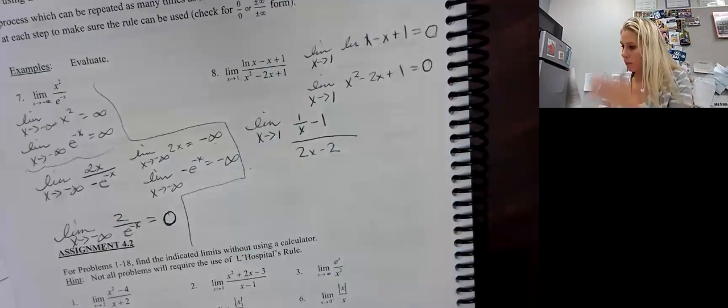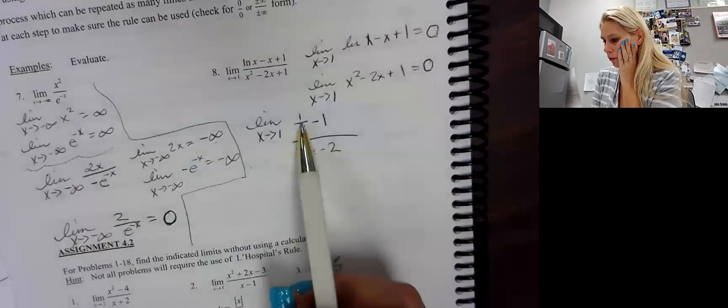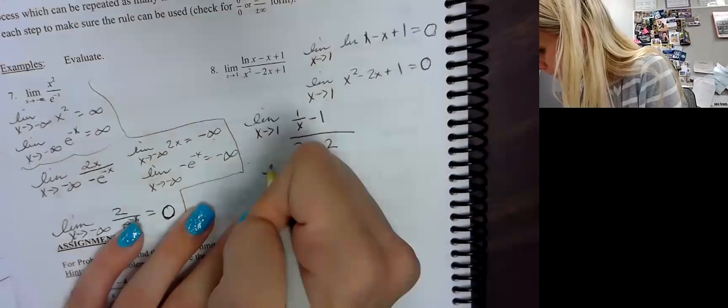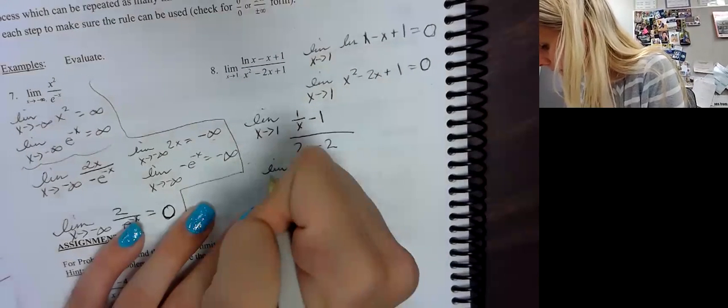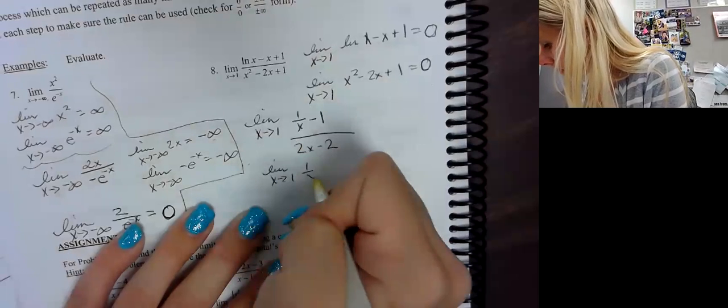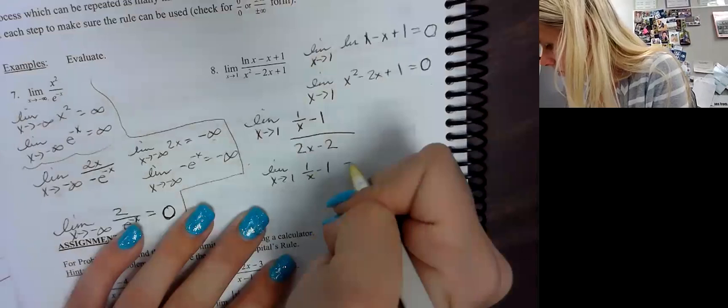All right, let's see what happens here. Because if I did this quickly in my head, I would get 1 over 1 minus 1 is 0. And 2 times 1 minus 2 is 0. So I'm going to have to use L'Hopital's rule again. But again, I have to indicate why I can use L'Hopital's rule. So I'm going to say limit as x approaches 1 of 1 over x minus 1 equals 0.